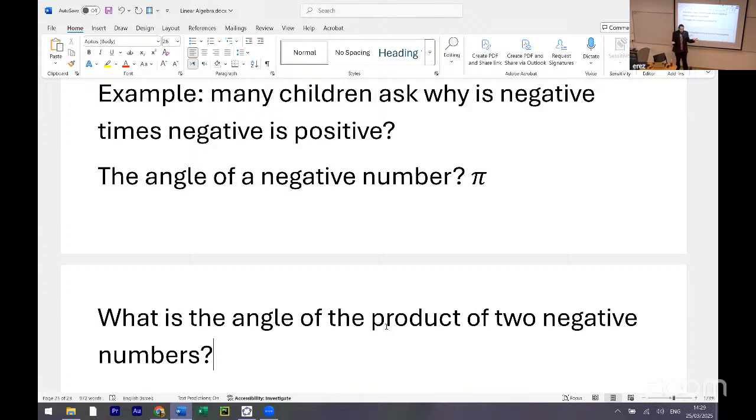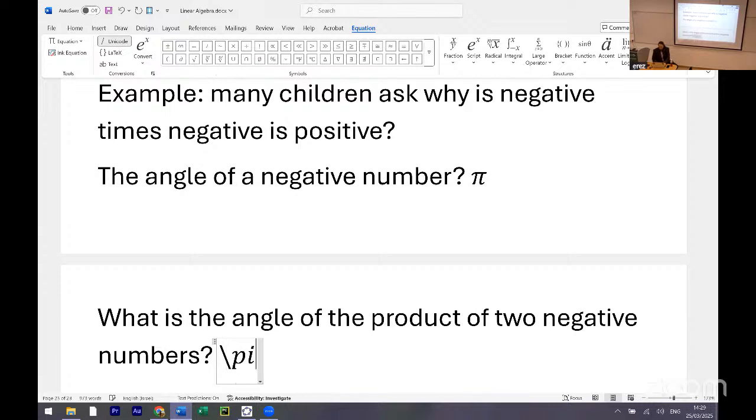And we know that the multiplication sums up the different angles. So pi plus pi, what is the new angle? Pi plus pi, which is 2 pi, which is equivalent to 0, right? And you get back to the positive numbers.